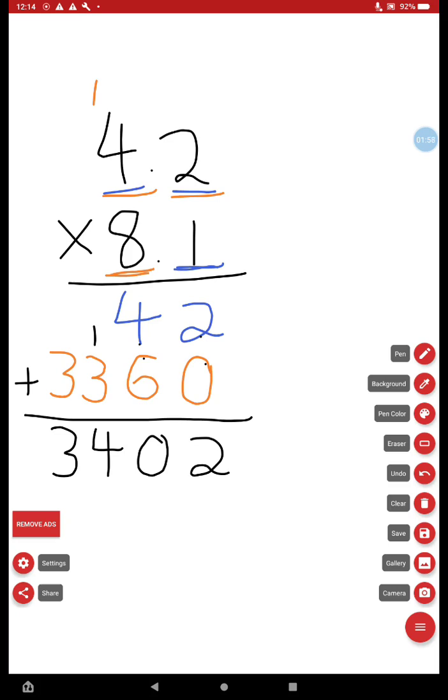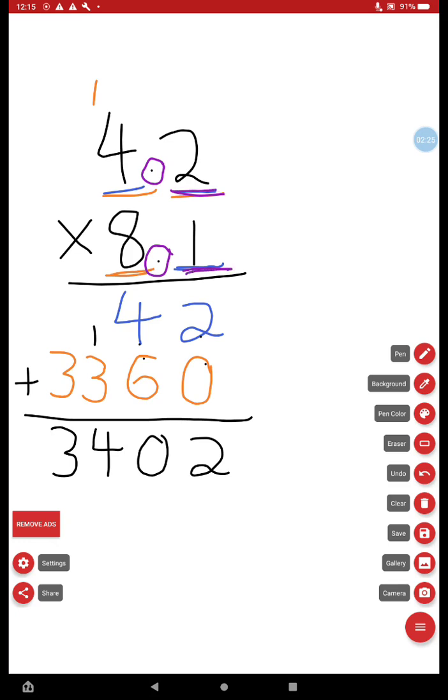Now before you say that your answer is 3,402, remember, I need to go back and count decimal places. Decimal point, how many numbers are to the right? 1. Decimal point, how many numbers are to the right? 1. So how many numbers in total are to the right of all the decimal points? 1, 2.